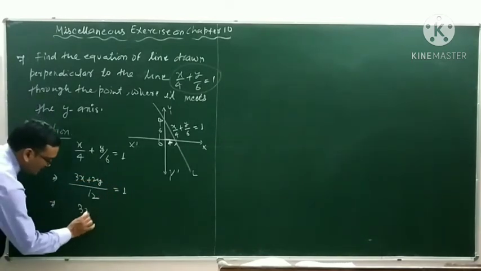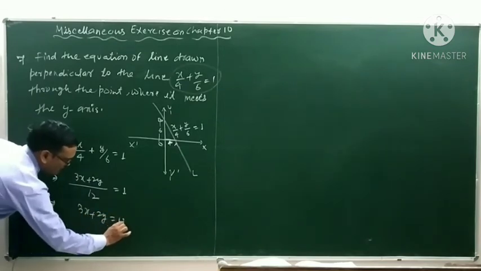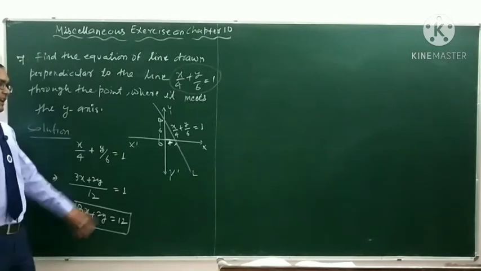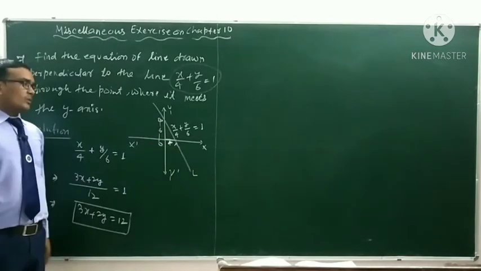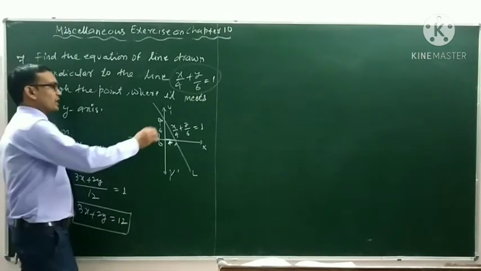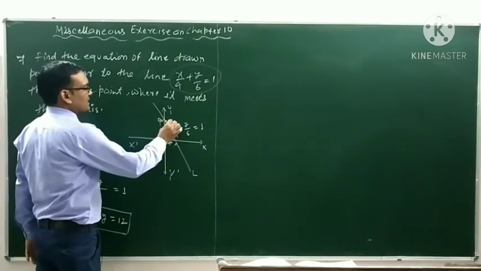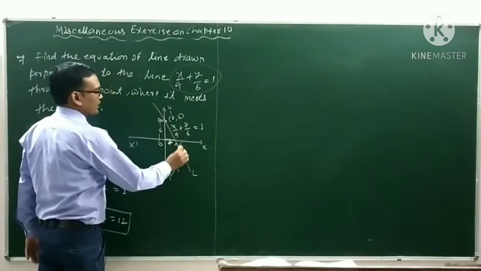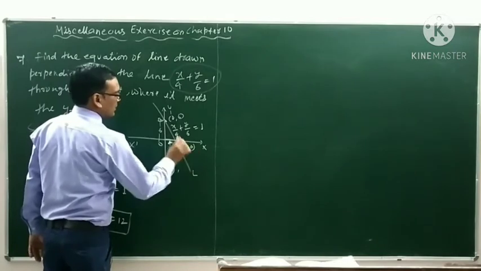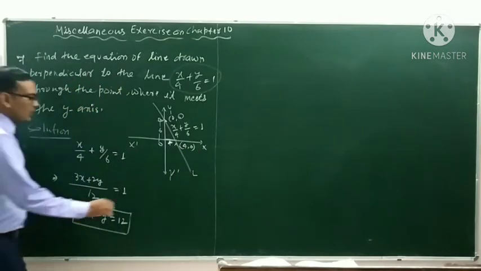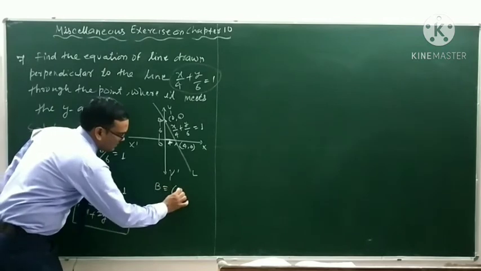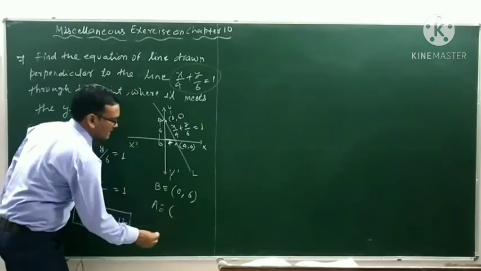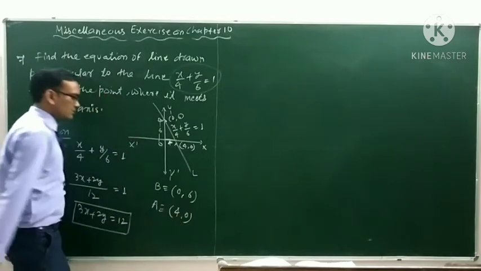This implies that 3x plus 2y equal to 12, which is the equation of line L. We find the coordinate of the point B. Coordinate of point B is (0, 6) and coordinate of point A is (4, 0).